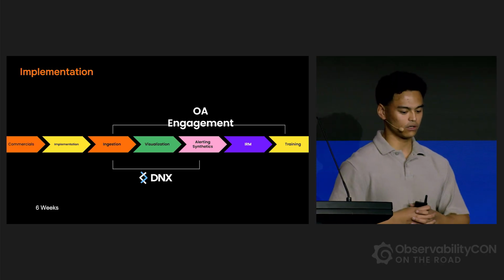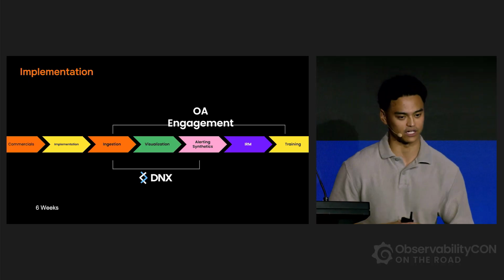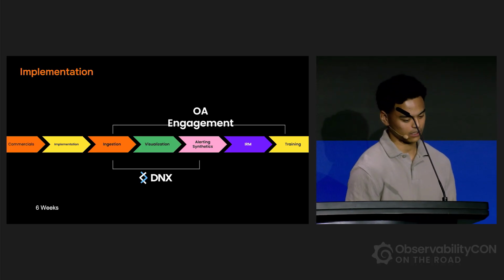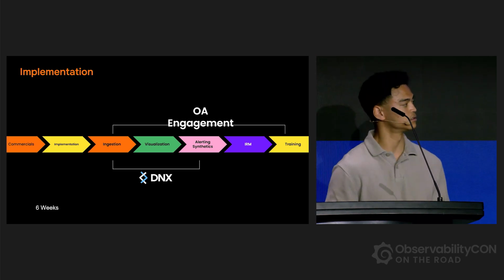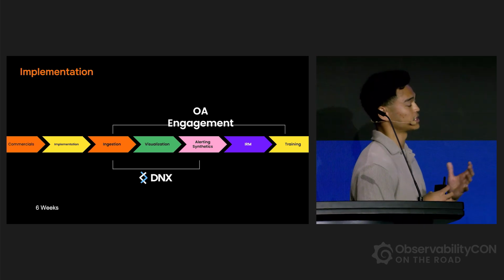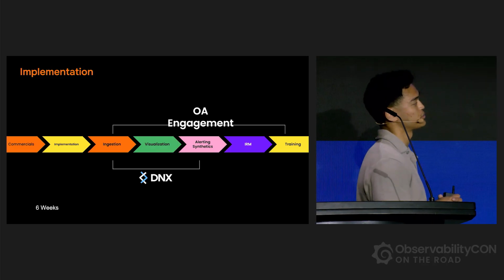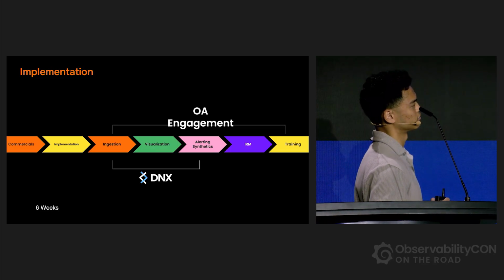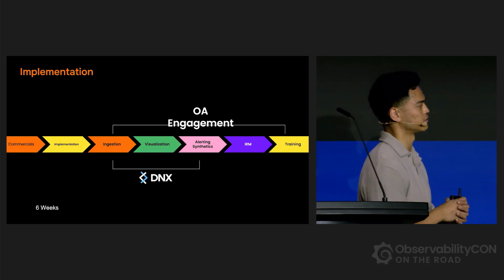As you can see as well, just wanted to give a shout out to DNX for helping us with this migration. They came in and really provided the solutions and best practices on how to optimize moving to Grafana Cloud and helping us deliver within 6 weeks.